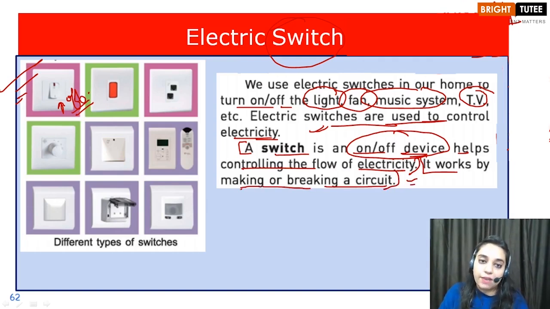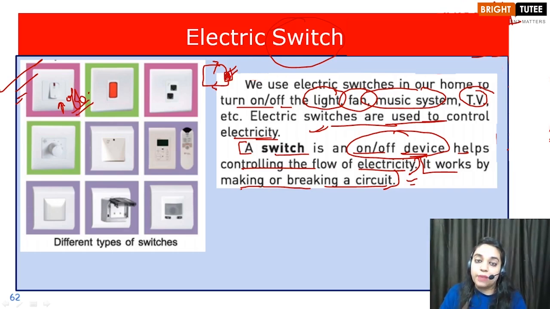So children, we have studied that the bulb glows in an electric circuit if the circuit is complete, that is, the path or loop for the flow of electric current is complete. And only if it is complete will the appliance be turned on. So in this case, if we put a switch also, what will the switch do?